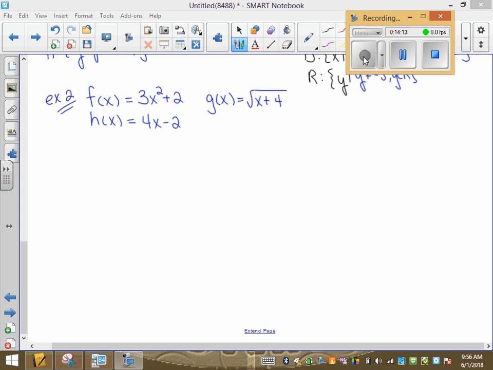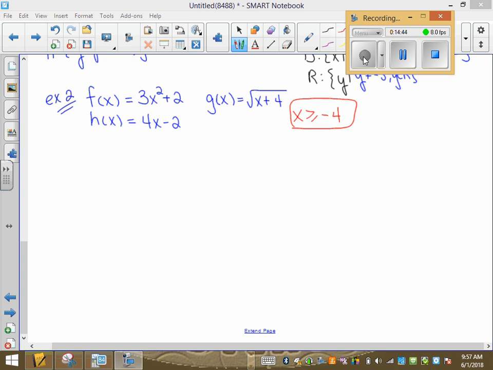So if I have square root of x plus 4, x is going to have to be greater than or equal to negative 4. Because if I plug in negative 4, I get negative 4 plus 4, which is 0. If I plug in negative 5, I get negative 5 plus 4, which is negative 1. Can I take the square root of a negative 1? So I know that this domain is going to help us out and exist when we start putting the functions together by addition, subtraction, multiplication, division. Okay? Because that's going to limit my x's instantly if this equation is involved.